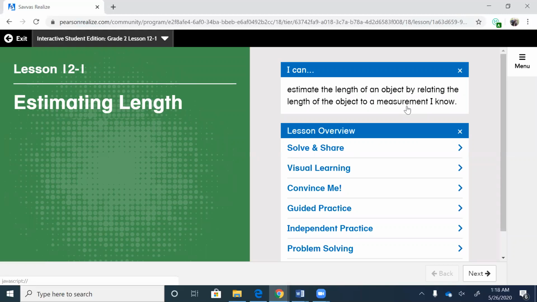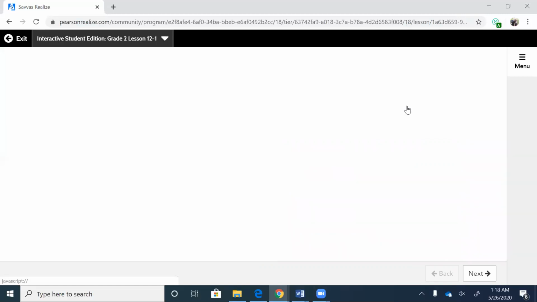Estimating length. I can estimate the length of an object by relating the length of the object to a measurement I know. Estimate means to make an educated guess based on your knowledge, okay? And we're going to get lots of practice with that today and practice on Zoom.